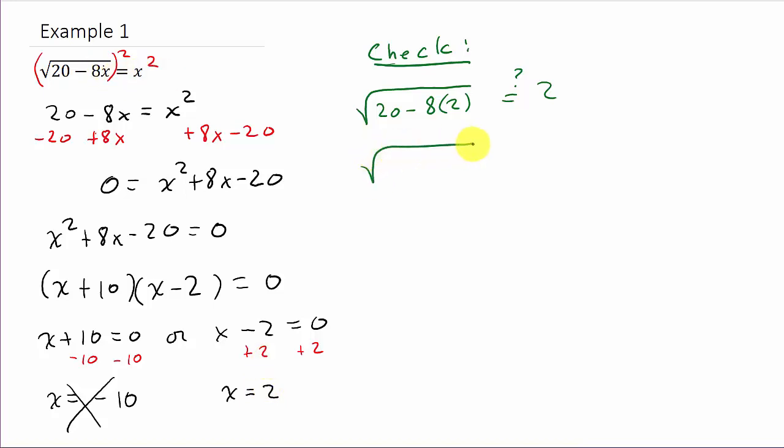Well, look, this is 20 minus 16, which is 4. The square root of 4 is 2. I get 2 equals 2. That's a true statement. So my only solution is x equals 2.